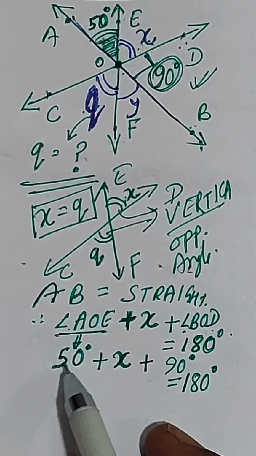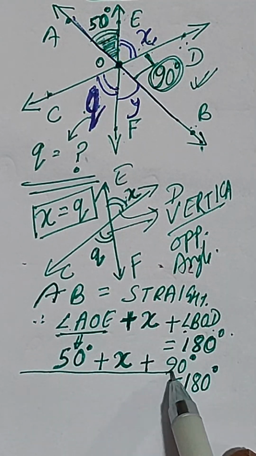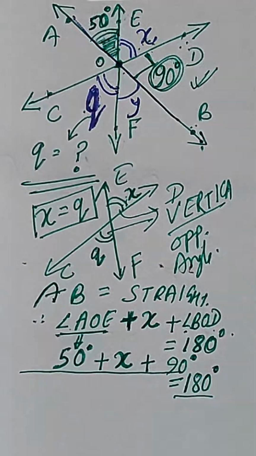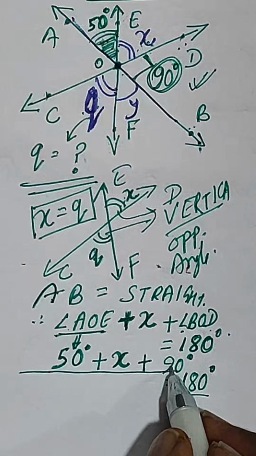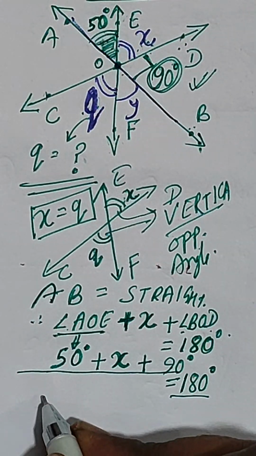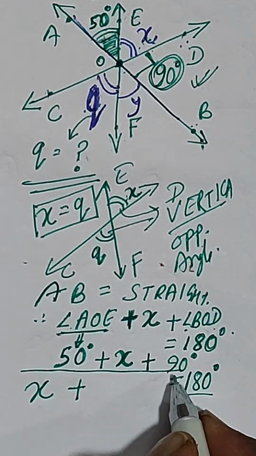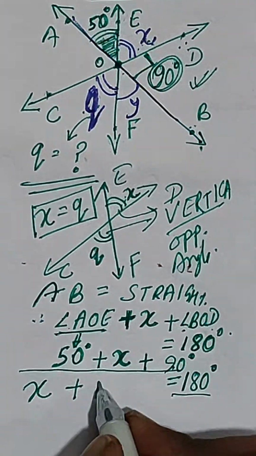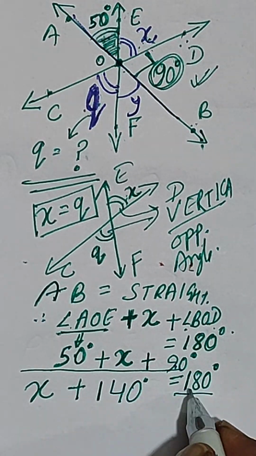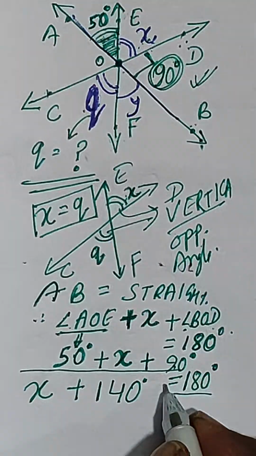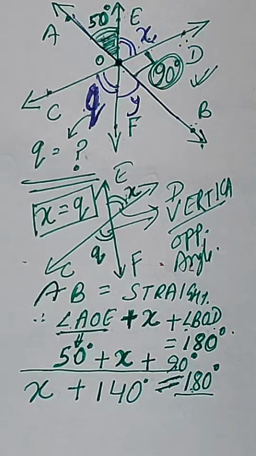Now you can see this is a simple equation, 50 plus x plus 90 is equal to 180. Now add the constants 50 plus 90 together, so this will give you x plus 140 degree as equal to 180 degree.